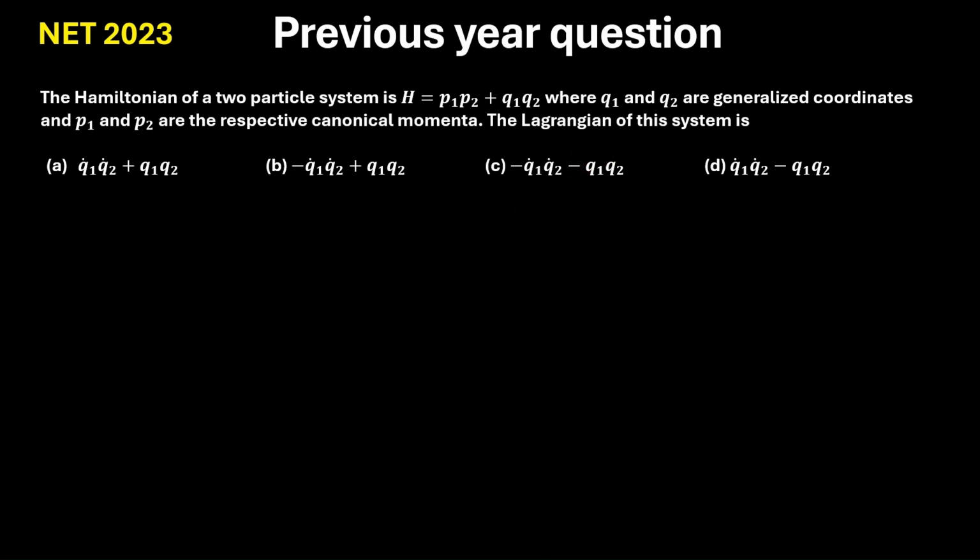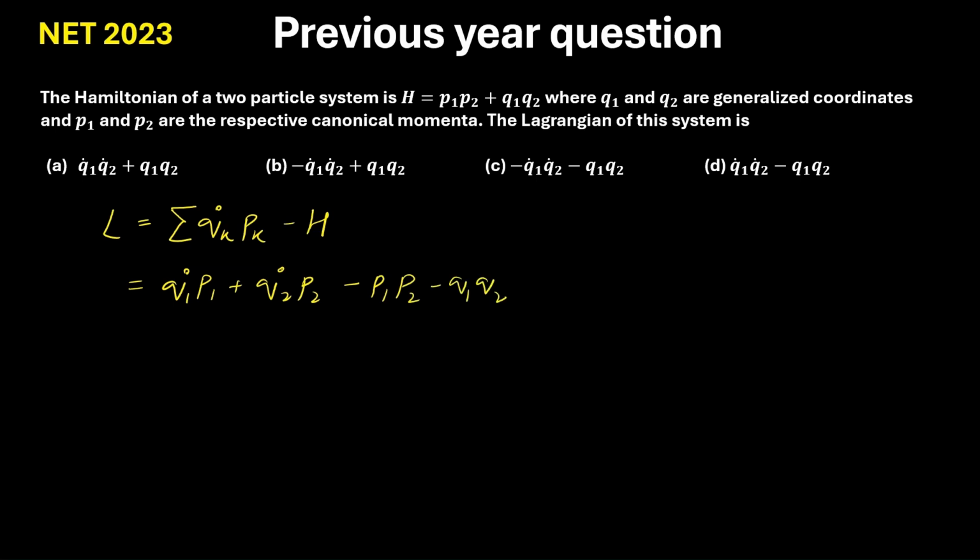So for the Lagrangian, we can use this formula, sum of Qk dot Pk minus H. So here you'll have Q1 dot P1 plus Q2 dot P2 minus of P1 P2 into minus Q1 Q2.